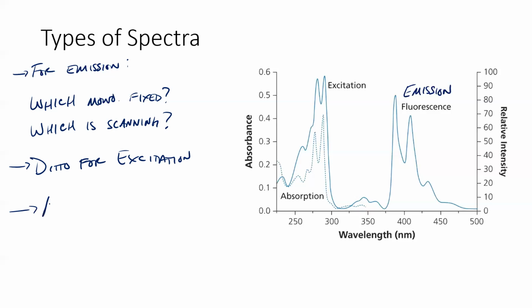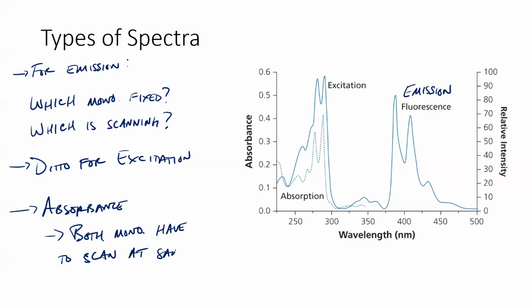And then I'll go ahead and tell you, for absorbance, if we're in a double monochromator instrument, both monochromators have to track at the same time. And I'll put here same wavelength. Right.